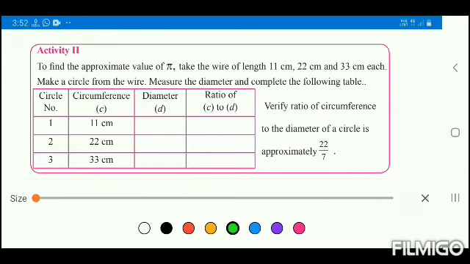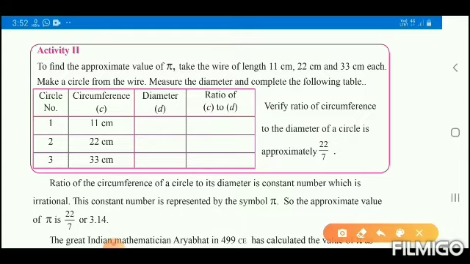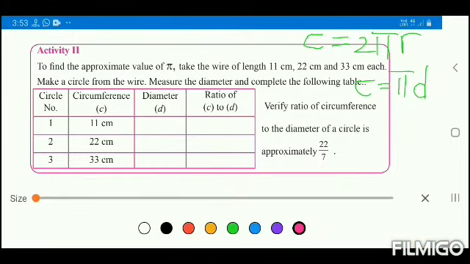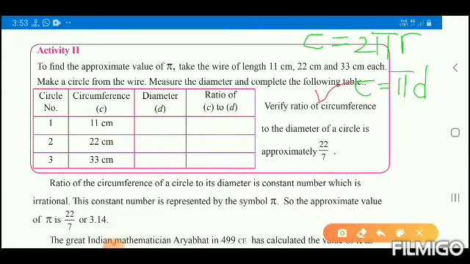We will see one example. Look here. You know that the formula to find circumference C is equal to 2 pi r, or C is equal to pi d. Here we want to find the ratio of C to D, so we will use the second formula.